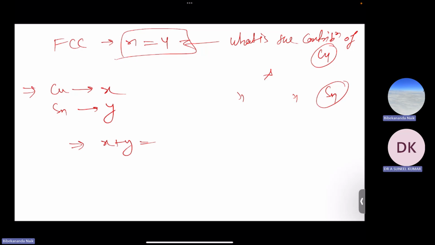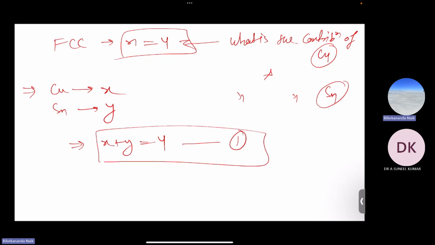X plus Y means total 4. So X plus Y will be 4. Absolutely. So this is one equation. We need another equation. If there are two equations and two unknowns, we can easily calculate the value of X and the value of Y.